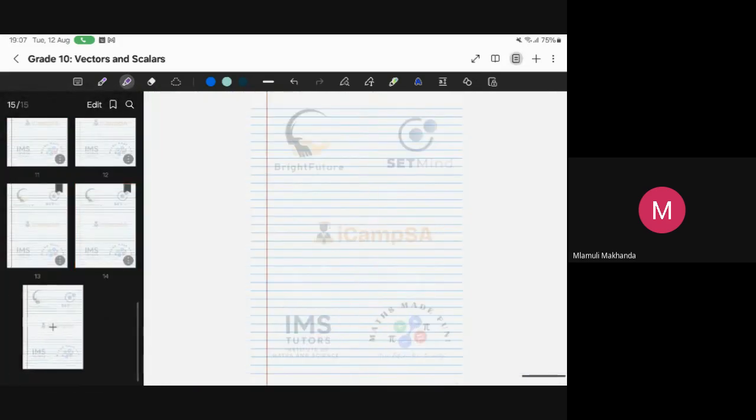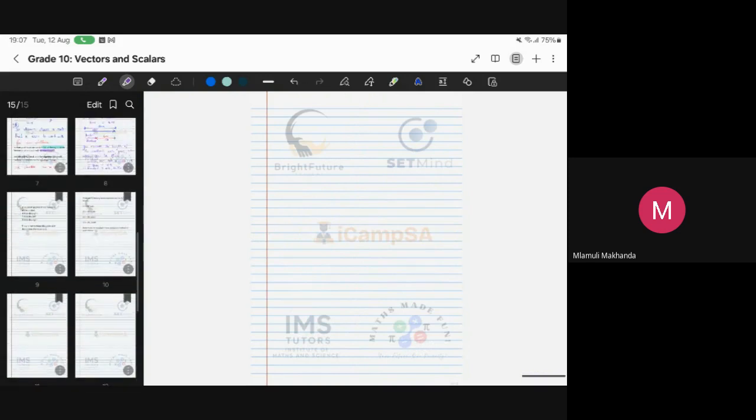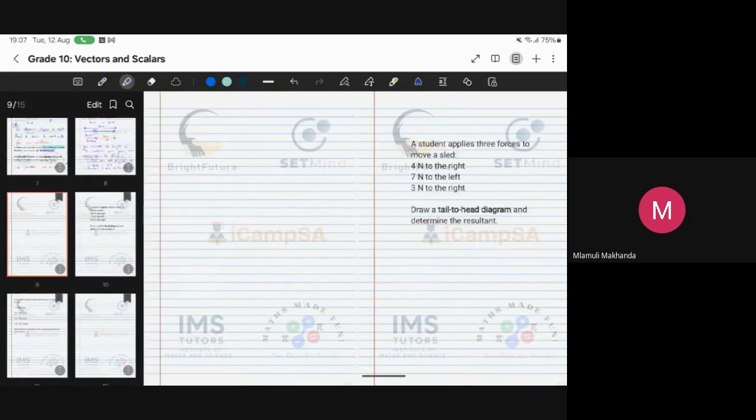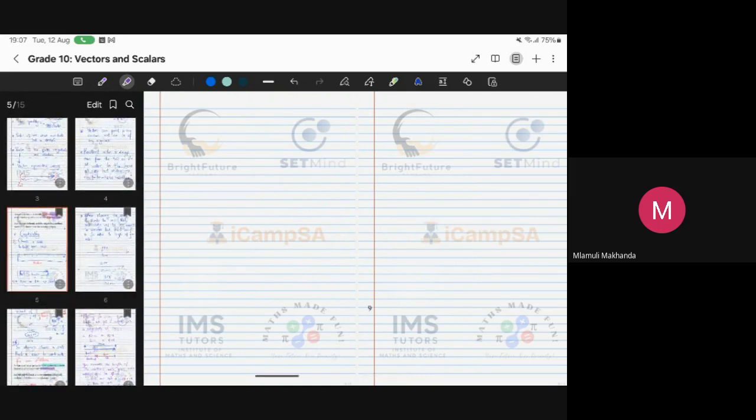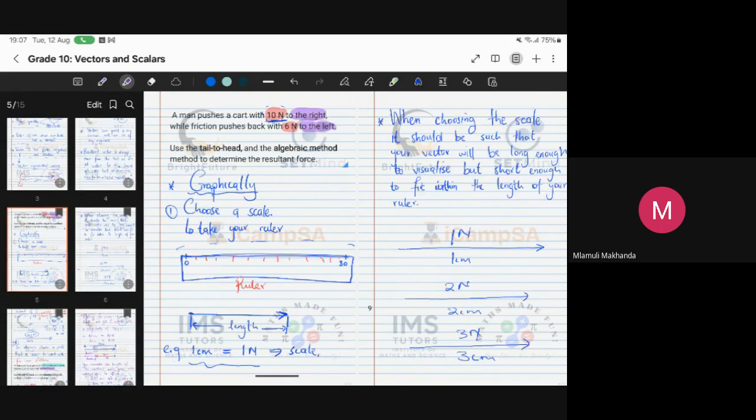But before we move on to the algebraic method, let's recap how we did the graphic method. Step 1, you choose a scale. Scale could be any scale that makes sense to you. By make sense, I mean you shouldn't choose a scale like 1 centimeter equals 5 Newton.